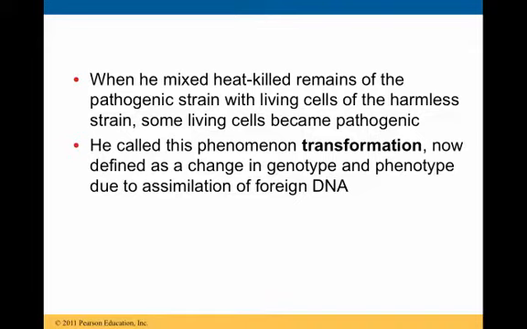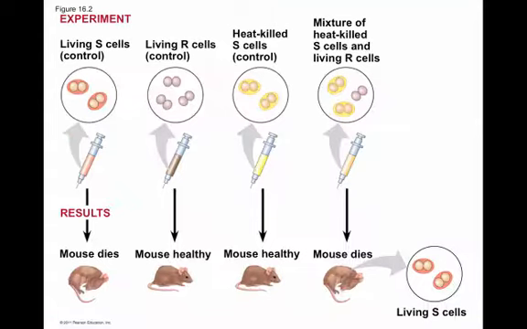So he transformed the harmless bacteria to contain DNA from the pathogenic strain, causing that bacteria to produce certain proteins that caused it to be pathogenic. He called it transformation, and it was a change in the genotype and the phenotype due to this uptake of some new DNA.